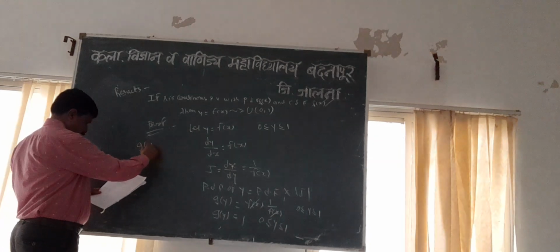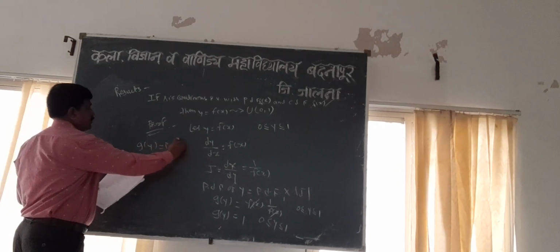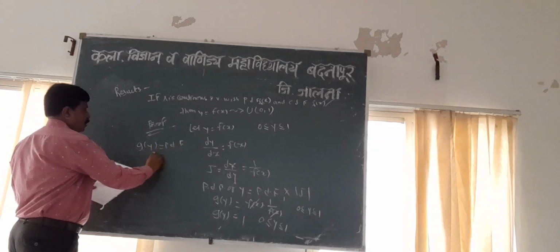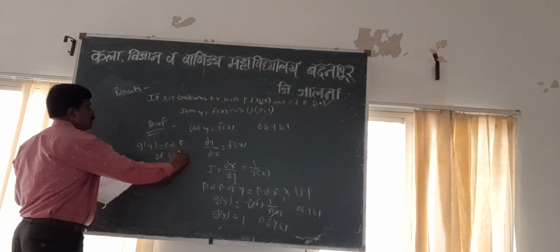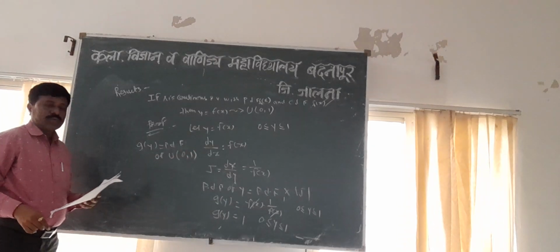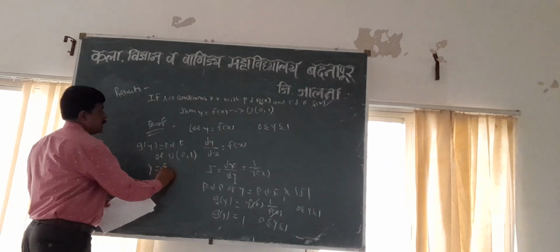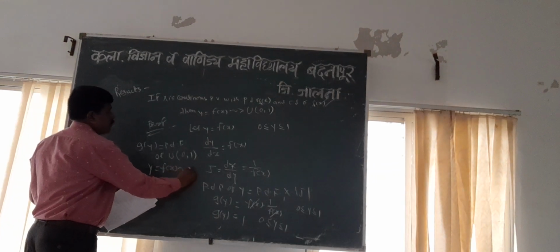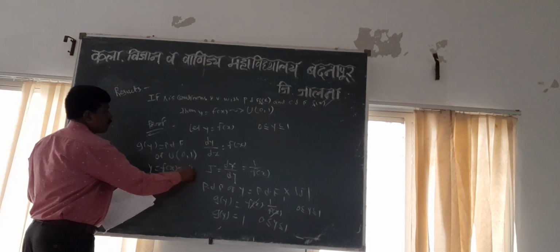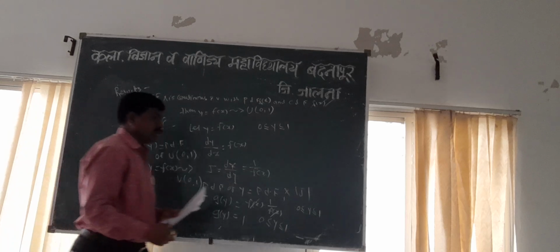Therefore g of y is the probability density function of the uniform distribution, so y equal to F of x follows the uniform distribution with interval 0 to 1.